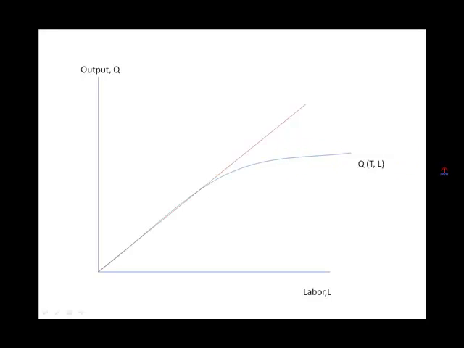So for example, say here to begin with, if we added one more worker, we would get €1 more worth of output. But here, if we add 1 more worker, we might get 99 cents, and here 98 cents, and further up 97 cents. So as you see, the graph flattens out. We call that the marginal product of labour.